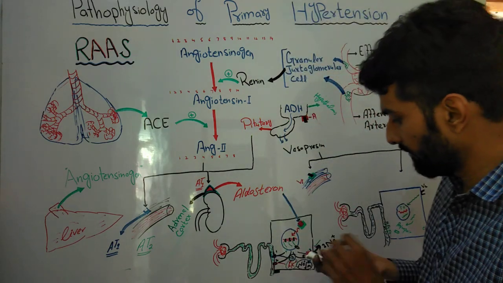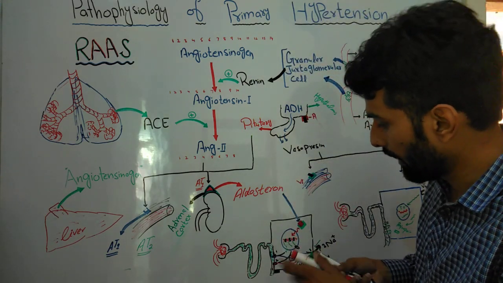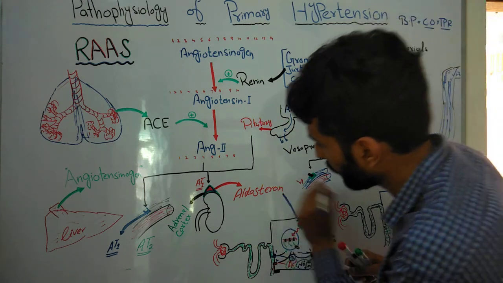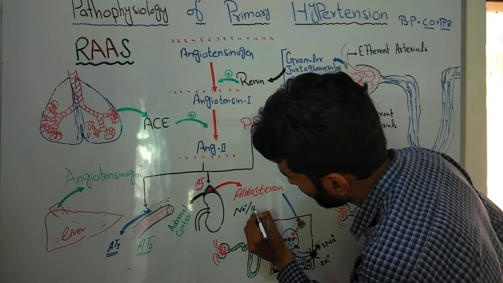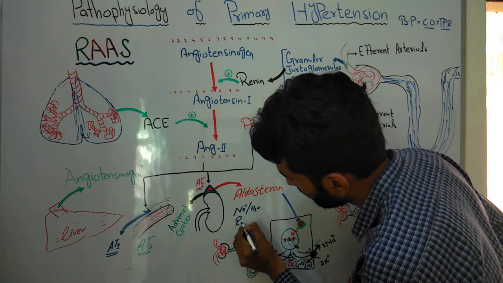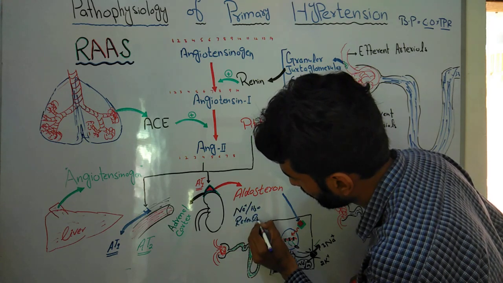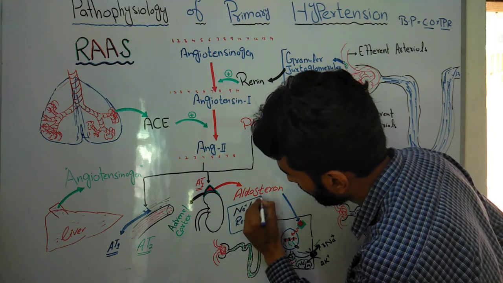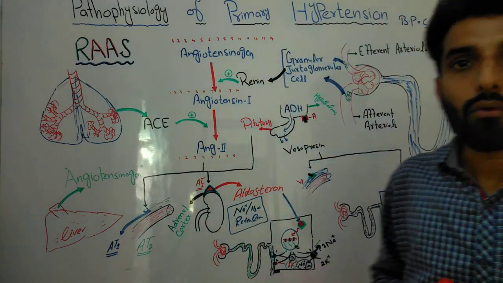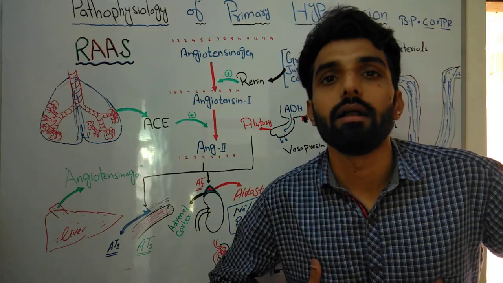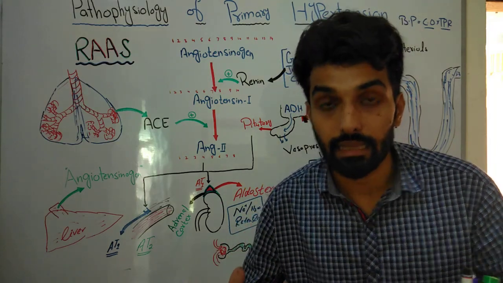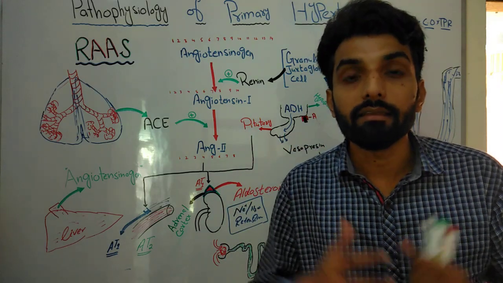You know that where sodium will go, water will love to follow it. So aldosterone basically causes sodium and water retention. So now it means sodium level and water level in the blood is getting high, or we can say the blood volume is increasing.